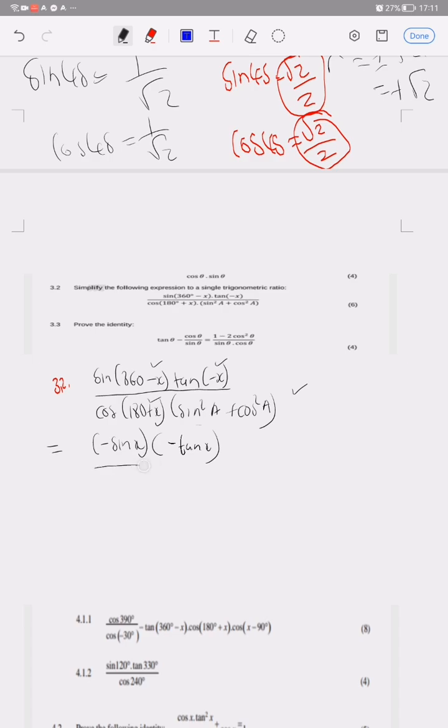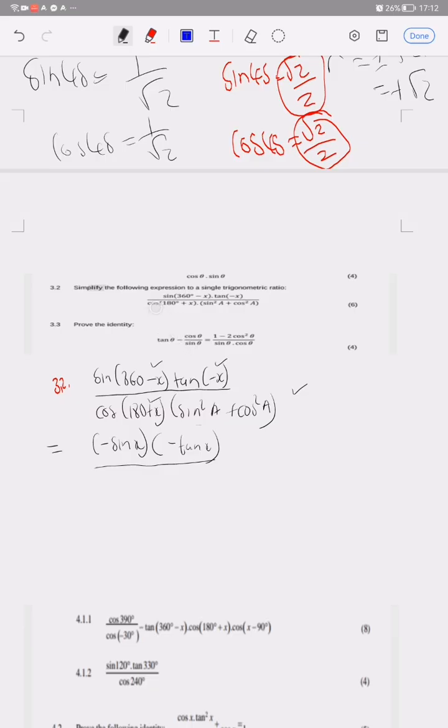Then we have cos of 180 plus x. Which quadrant is that one? 180 plus x is basically quadrant number 3.